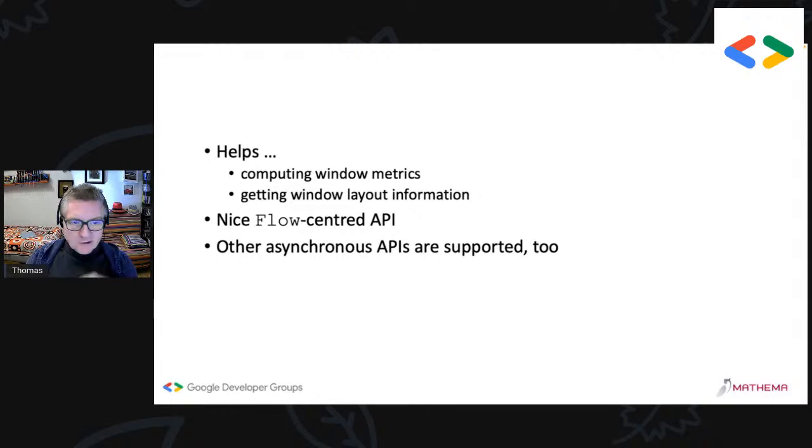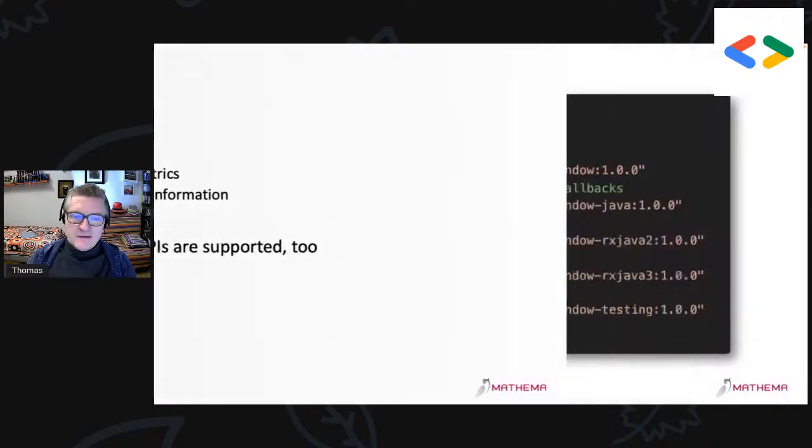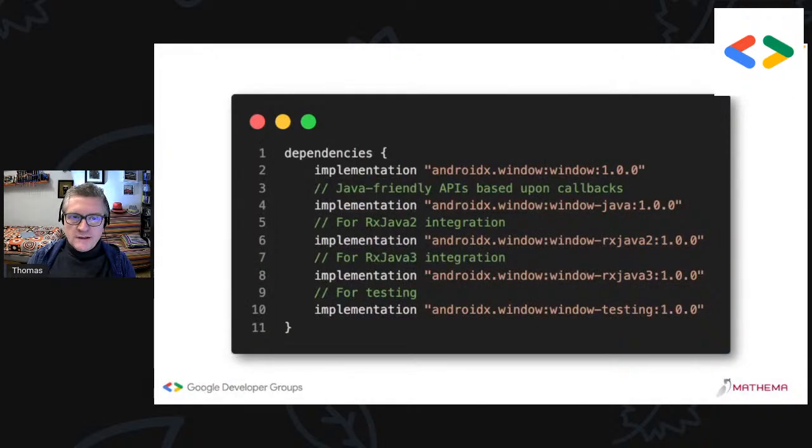It also supports other asynchronous APIs. Here's how to use it. The first line is mandatory, and the other ones are needed if you need Java-friendly API or if we want RxJava 2 or 3 integration.